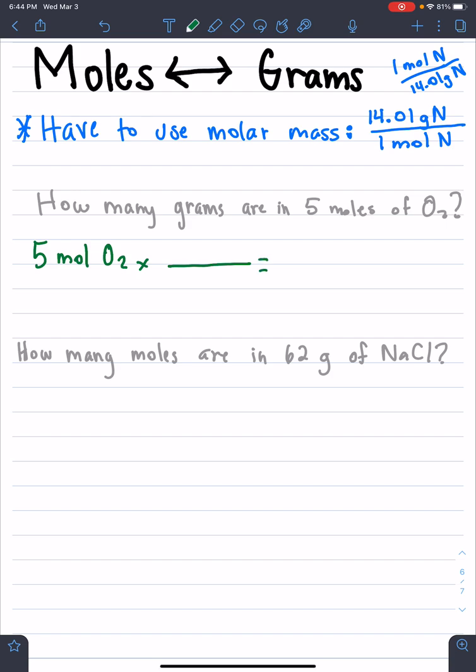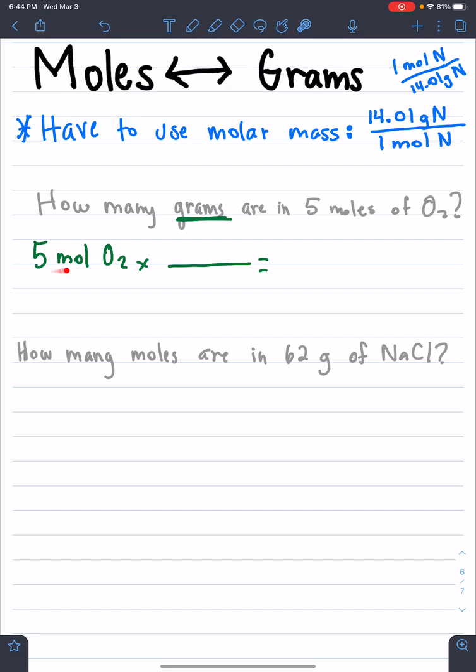In the end, we are trying to find the grams of oxygen. That's our ending point. So we want to make a ratio that on the bottom has moles of O2 in it, because we want those units to cancel out, and on the top gives us grams of oxygen so that we get the answer we want.